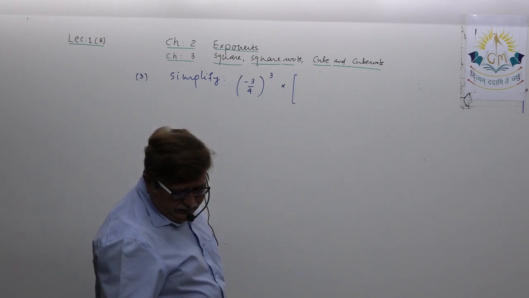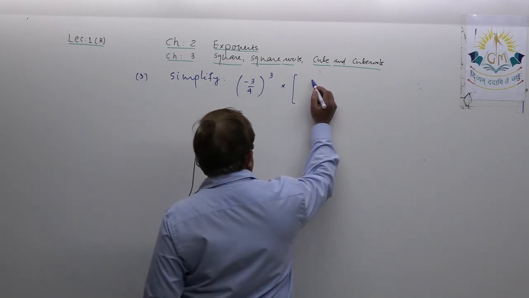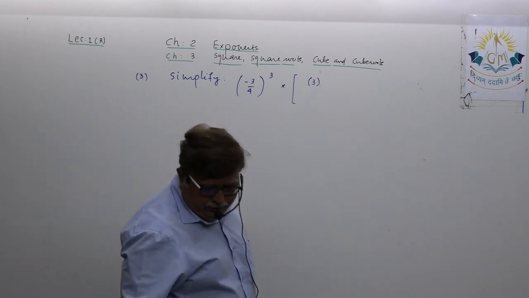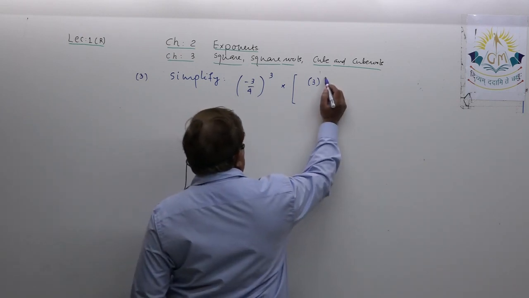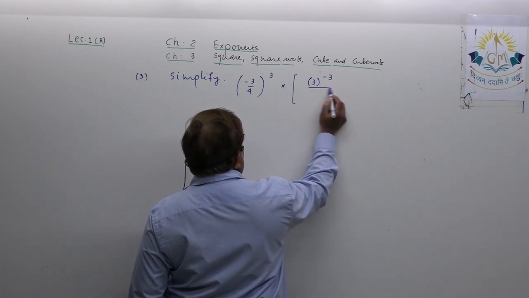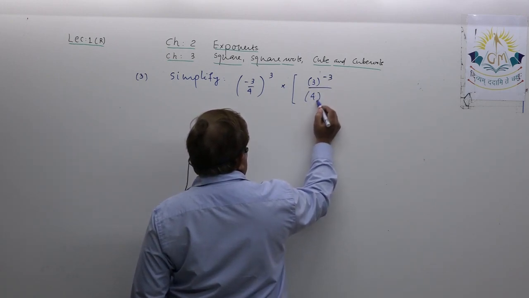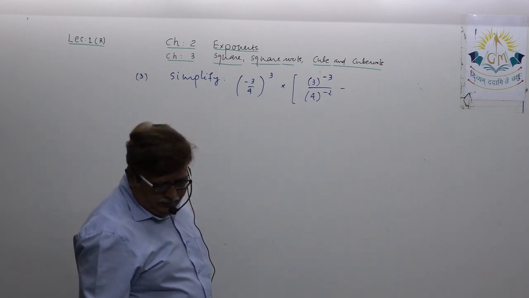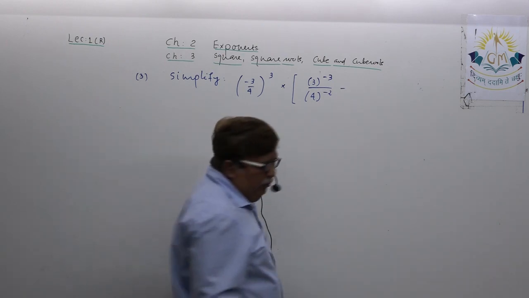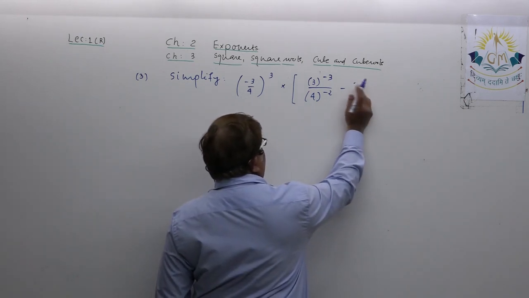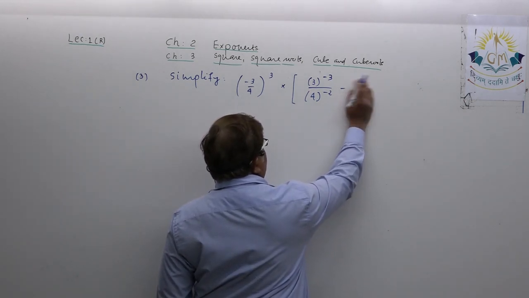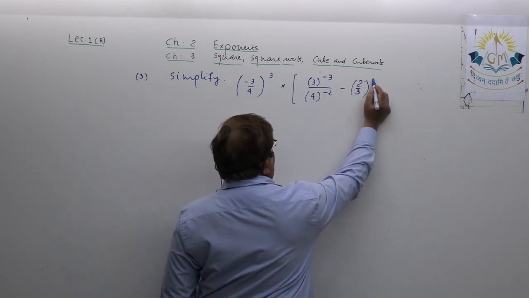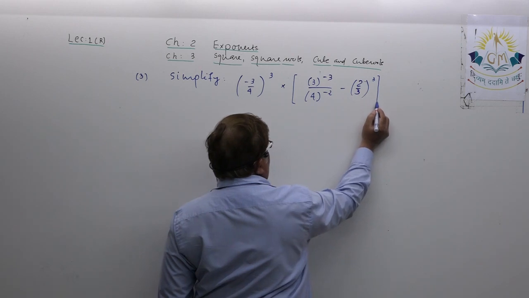Multiplied by the bracket: 3 raised to minus 3 upon 4 raised to minus 2 minus 2 upon 3 whole cube. Okay. This sum is looking a little complicated.